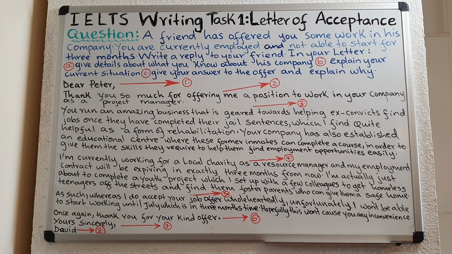You get 3 points that you're supposed to include details about in the letter. So you need to structure your letter based on those 3 points that IELTS has already given you.